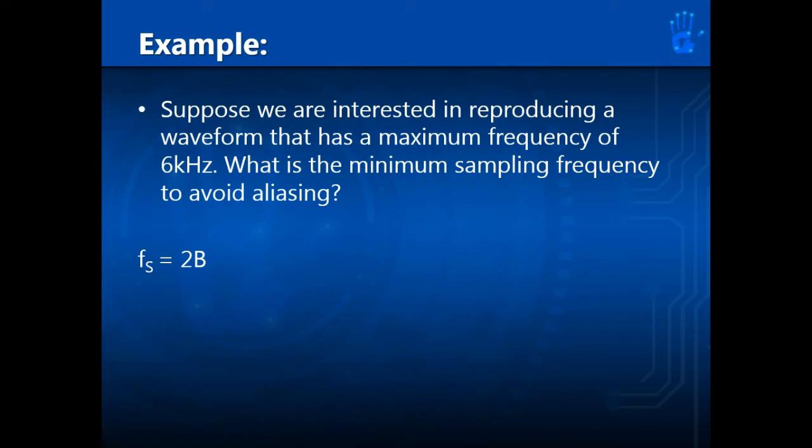In this case, the maximum frequency of our signal is 6 kHz. So the minimum sampling frequency is greater than or equal to 2 times 6 kHz, which is just equal to 12 kHz. So the minimum sampling frequency to avoid aliasing is 12 kHz.